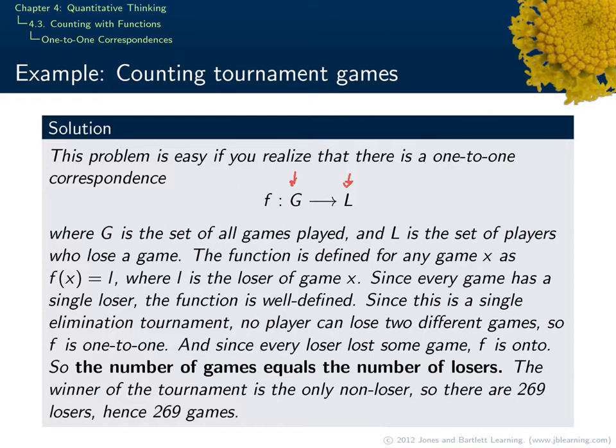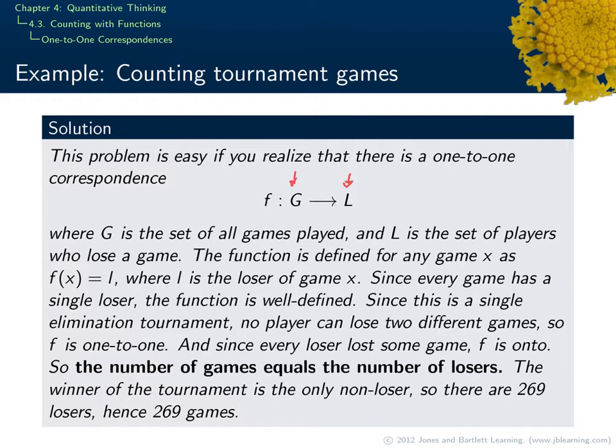And this function is both one-to-one and onto. It's onto because for every loser, there must have been a game that they lost, and no two games can have the same loser.